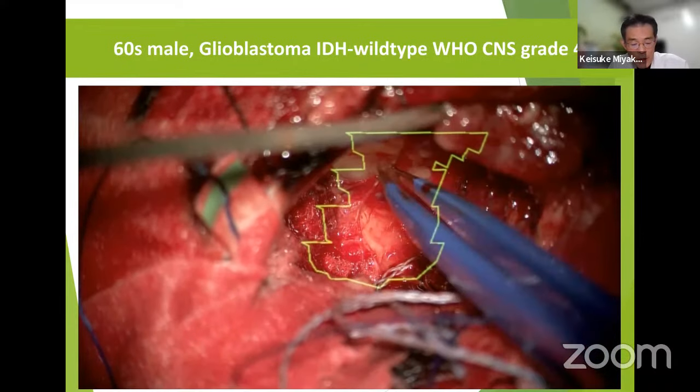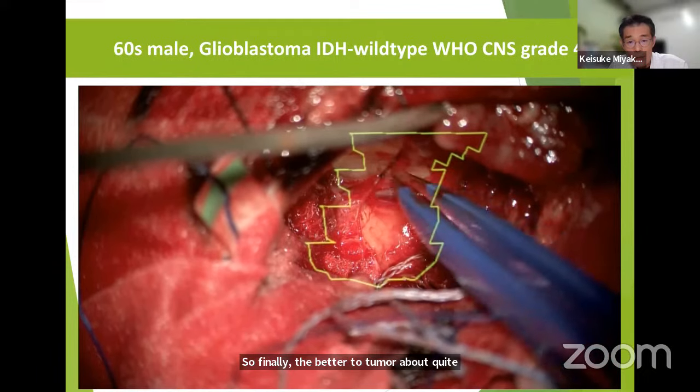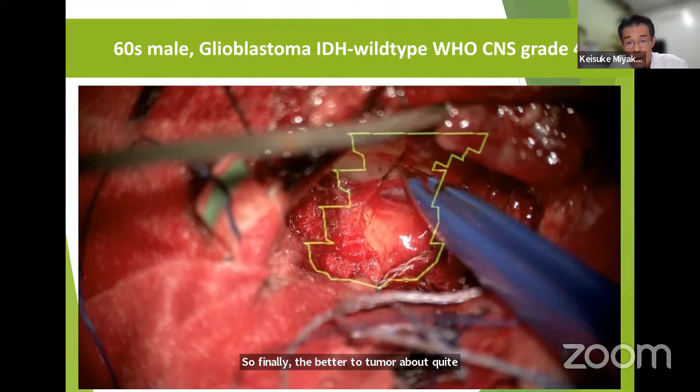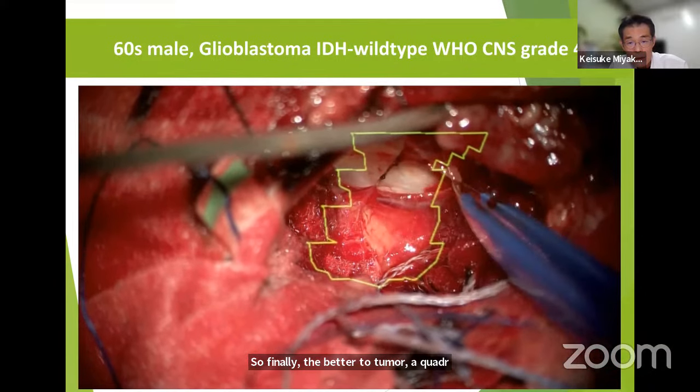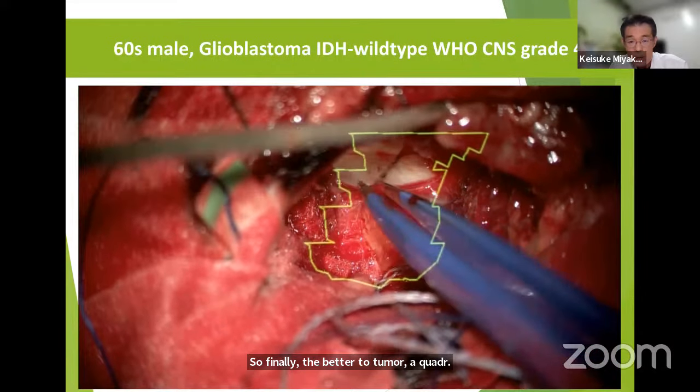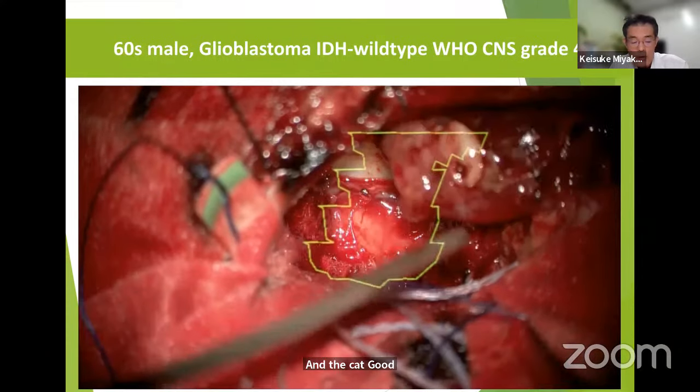Finally, the vessels to the tumor were coagulated, and the tumor was excised.